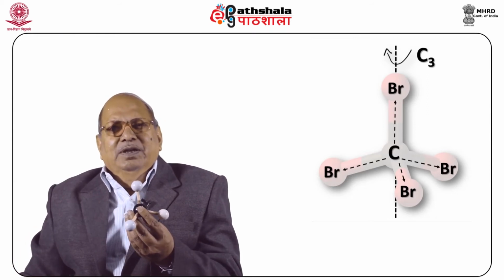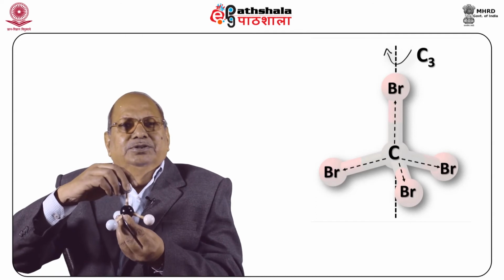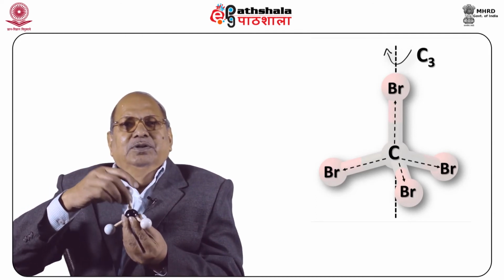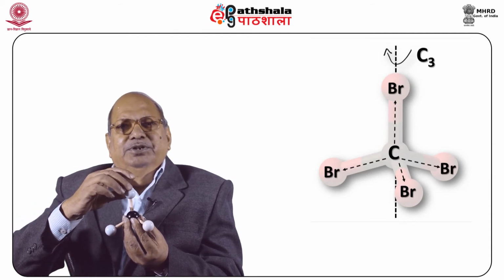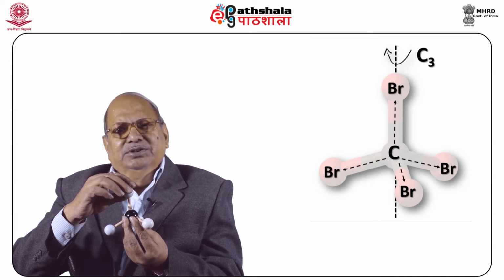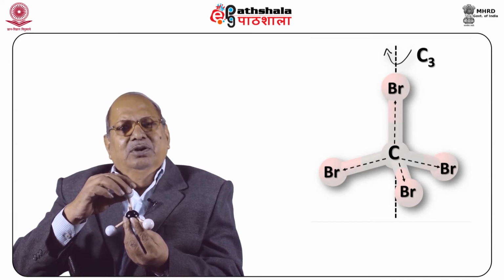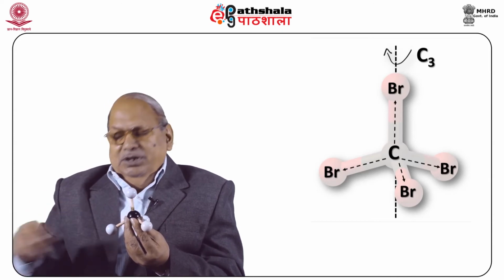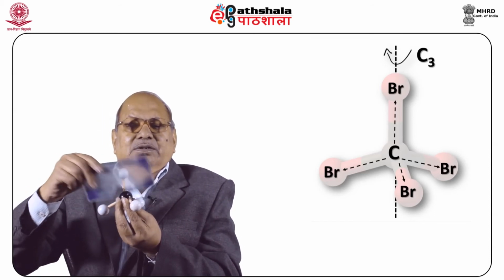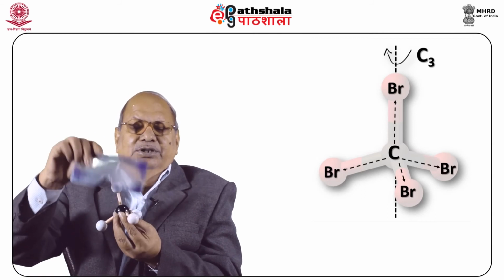The C3 operation shifts all the 3 CBr bonds. Only one CBr bond is not shifted. And we can work out now the character for this. Remaining effects can be worked out on this. What happens if I take sigma v like this? These and these will not change, this and these will change.